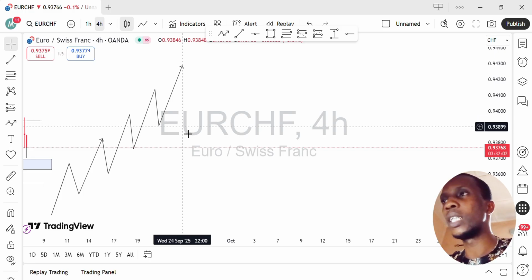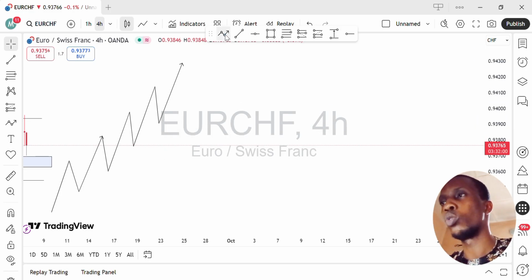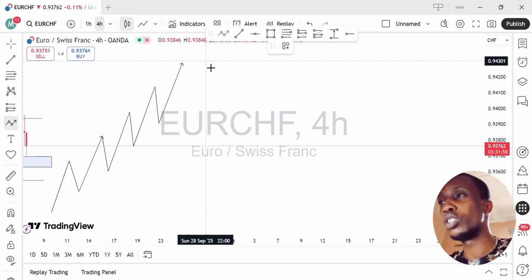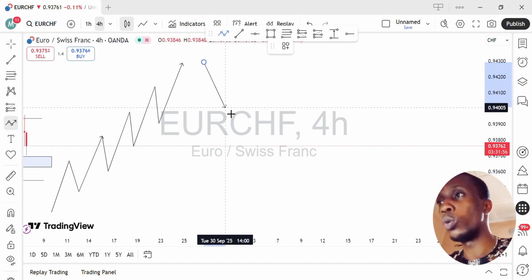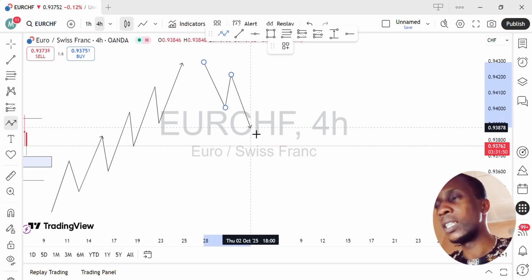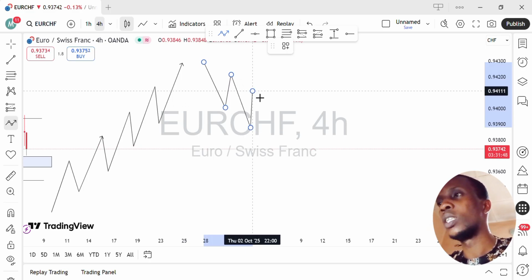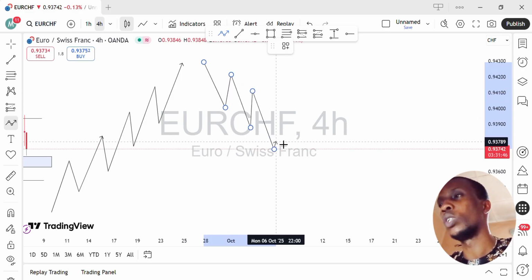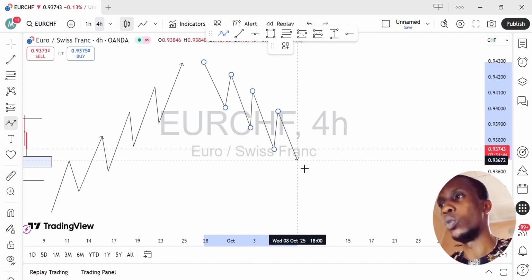Now, looking at the bearish trend, this is when price is pushing to the downside. This is a lower low, this is a lower high, this is a lower low, and this is a lower high. This is a lower low, this is a lower high, and also this is a lower low.